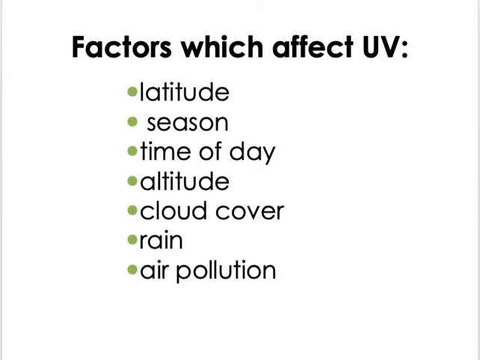Several factors affect UV radiation or the exposure of organisms to UV radiation. First, you have latitude, the location of a particular area on the Earth, whether it is near the tropics or far from the tropics.